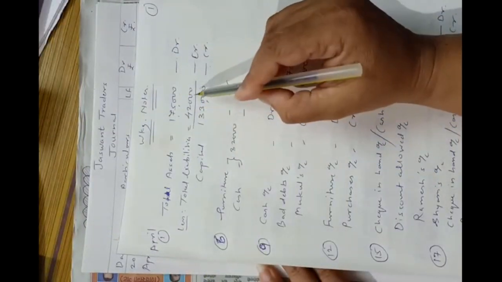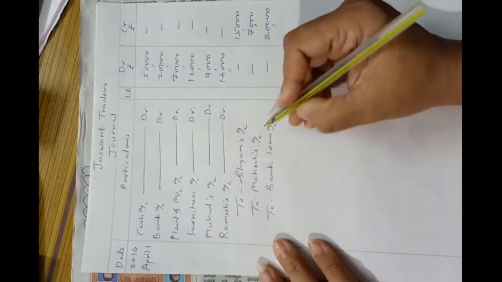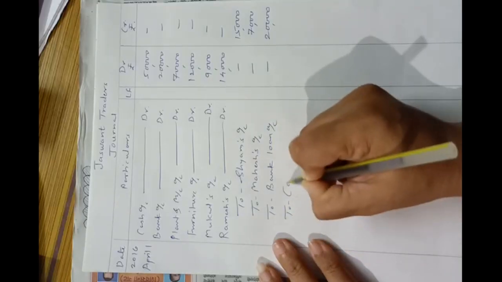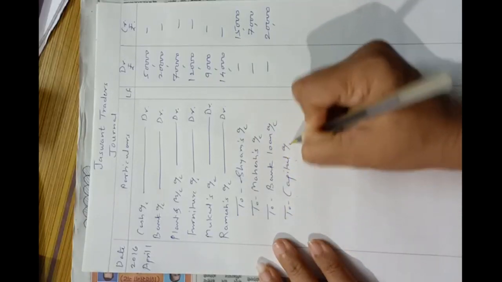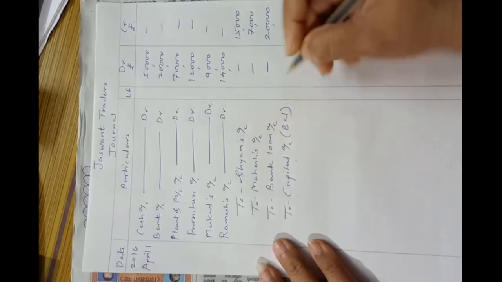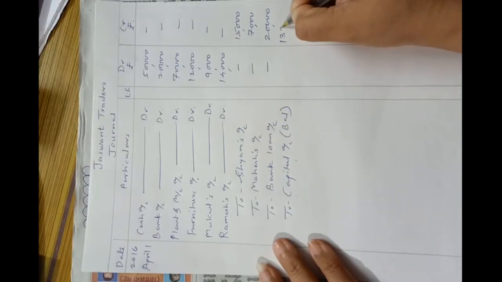Difference between total assets and total liabilities will be capital. So capital 1,33,000 to capital account. This is the balancing figure, 1,33,000.